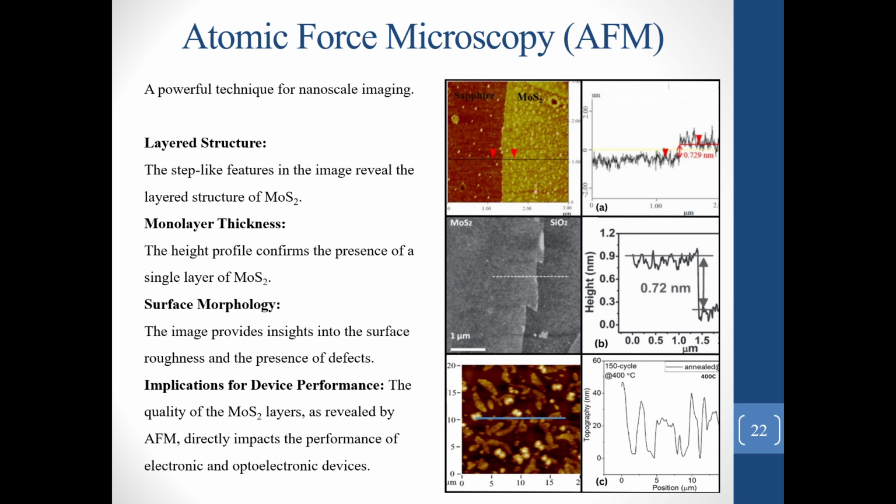And the next is the surface morphology. The image provides insights into the surface roughness and the presence of defects. So surface morphology basically identifies the roughness and the presence of defects. Where there is no monolayer of MoS2 formed, we can easily identify, and where there is a rough surface, we can also identify.